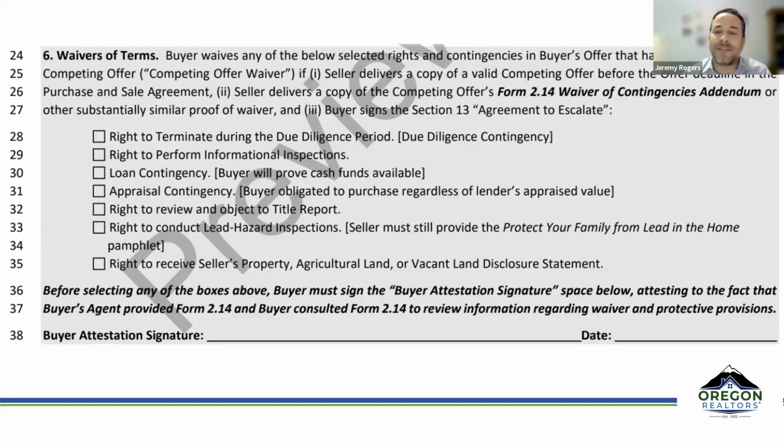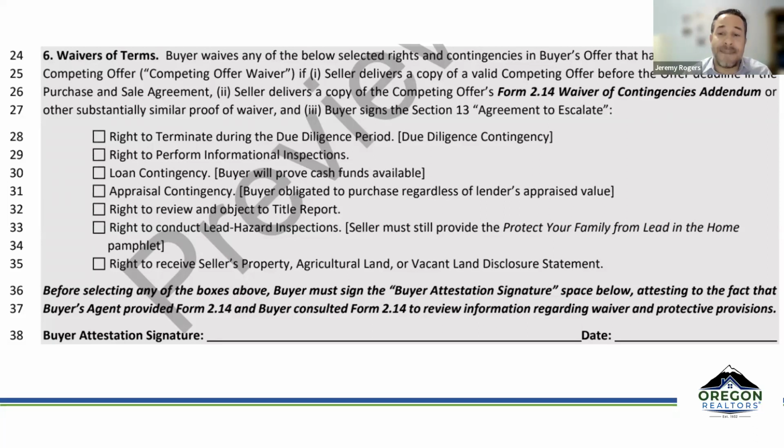We don't build the waiver into our base sale agreement because we want to make sure the buyer has read that 2.14 and understands the serious consequences to the buyer of waiving. And that 2.14 also explains in detail that the agent is not advising the buyer to waive, and that the buyer is holding the agent harmless from that waiver because it was a voluntary decision by buyer after being warned about the consequences.